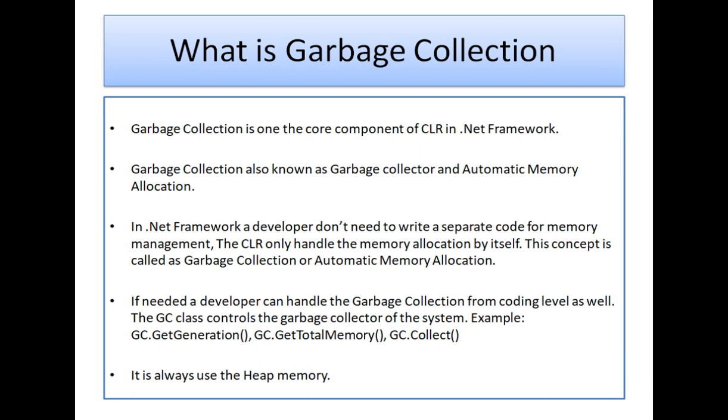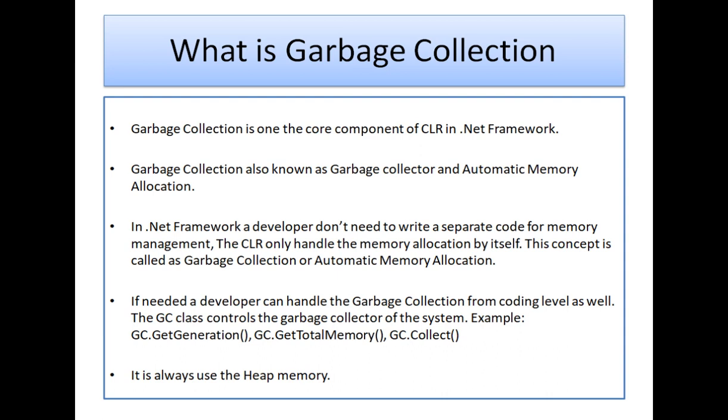And the third point is, in .NET framework, a developer doesn't need to write separate code for memory management. The CLR handles the memory allocation by itself. This concept is called garbage collection or automatic memory allocation. So if you are a developer working in .NET framework, you don't need to write separate code for doing memory management.